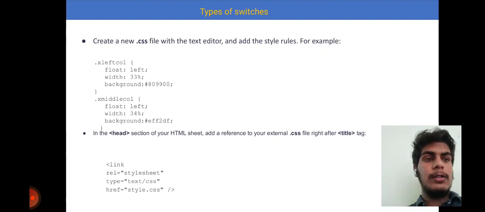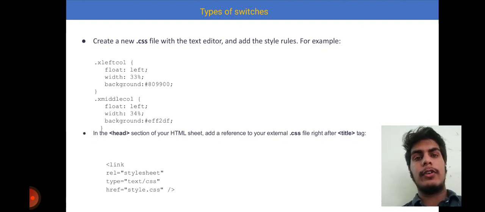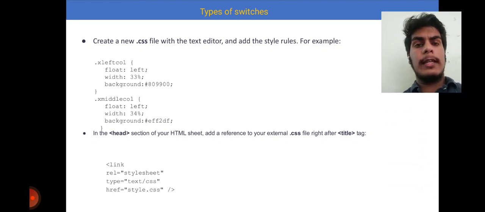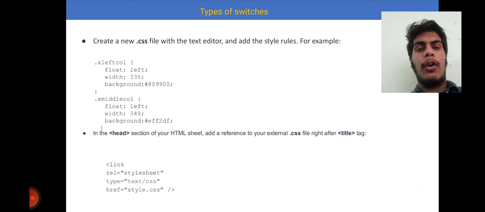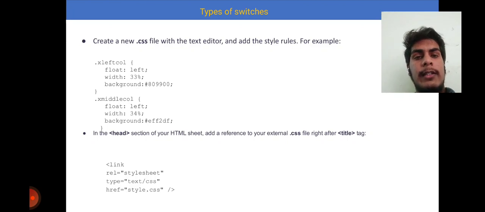For example, dot left column, float left, width 33, background 80, it is a color, and dot middle column, float left, width 34, background EFF2DF. In the head section of your HTML sheet, add a reference to your external .css file right after the title tag. Link rel style sheet, type text css, href style.css.